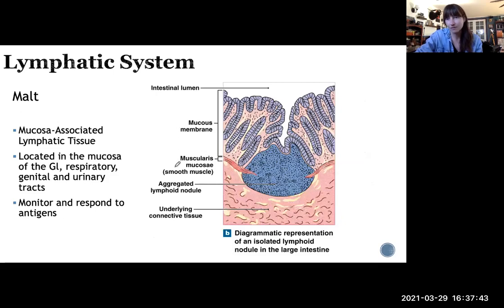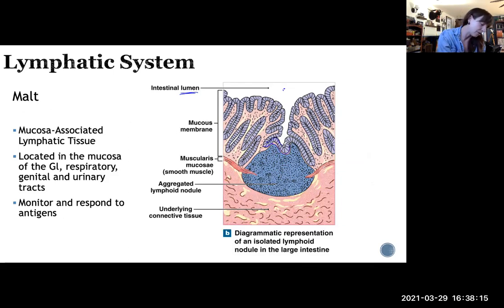Next down the list of lymphoid organs, MALT, again, mucosa-associated lymphatic tissue. So this is stuff that is associated with the mucosa throughout your body, wherever that may be. This image shows an example of the mucosa, which is part of the lining of your large intestine. So if this is the hollow inside of your large intestine, or the lumen, the mucosa is going to be underneath the epithelium.